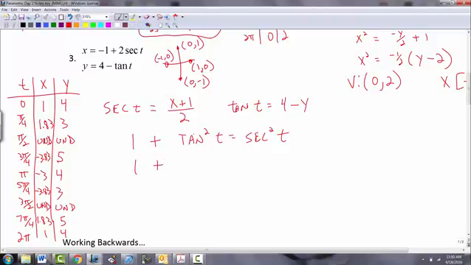By the way, did you know 4 minus y squared is the same thing as y minus 4 squared? There's 2 reasons. One, when you FOIL this and you FOIL y minus 4 squared, you get the same thing.